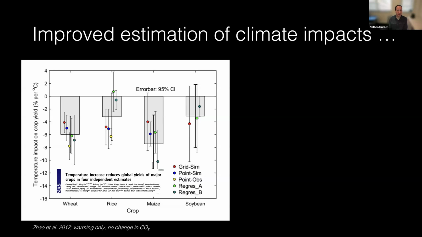You can see how they agree or don't agree in some cases on the temperature impact on crop yield, the percent change per degree Celsius. But overall, there's some decent agreement here, at least in these areas that were simulated in this paper.